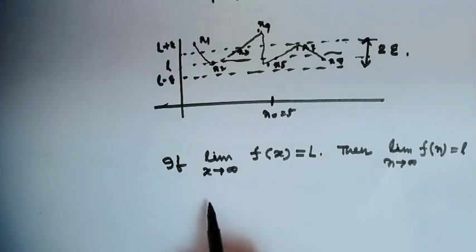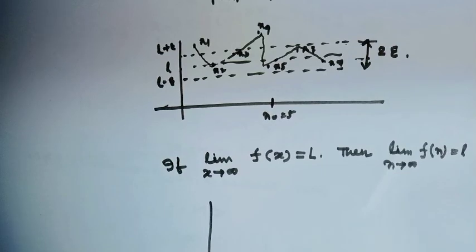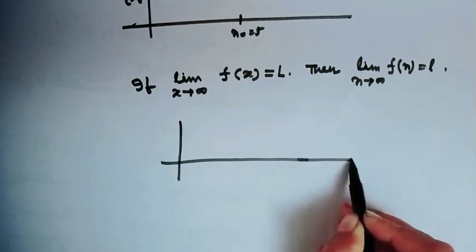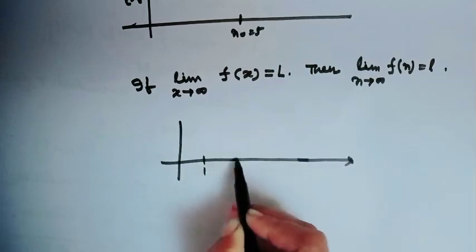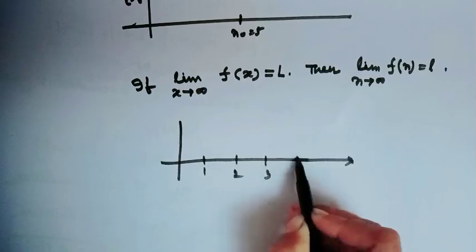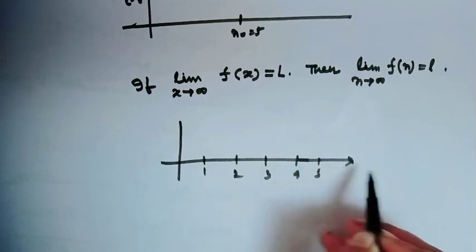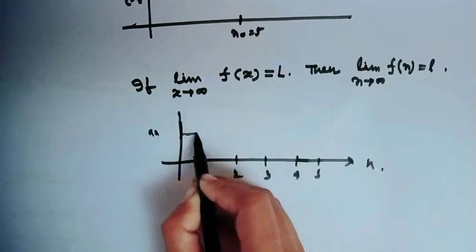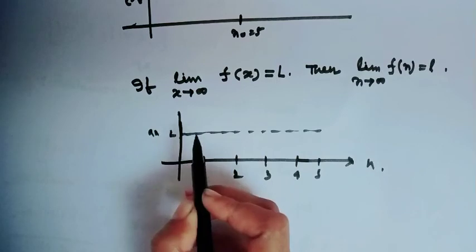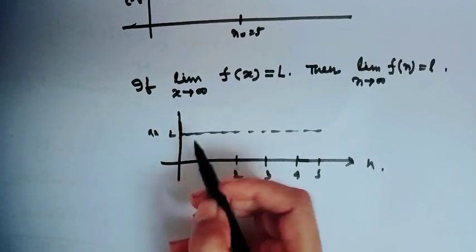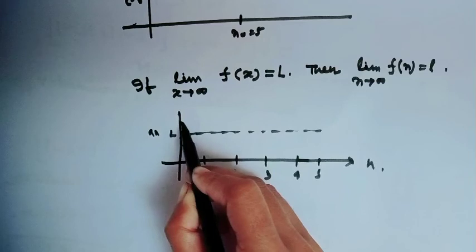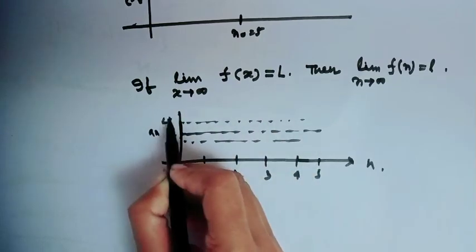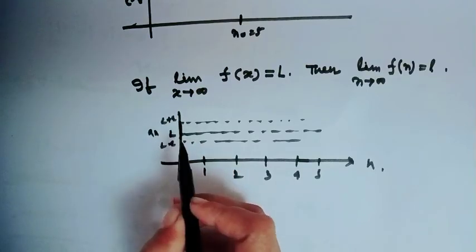Okay, let's see the picture. This is 1, 2, 3, 4, 5, and so on. This is the n axis. This is the limit L. That means here the epsilon band, L plus epsilon, L minus epsilon.